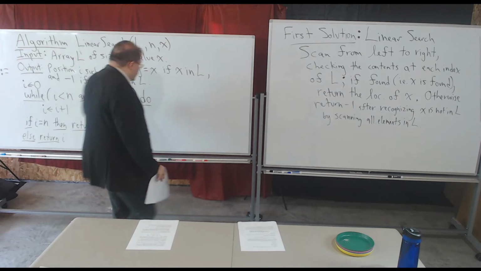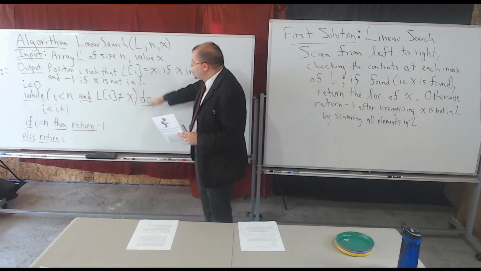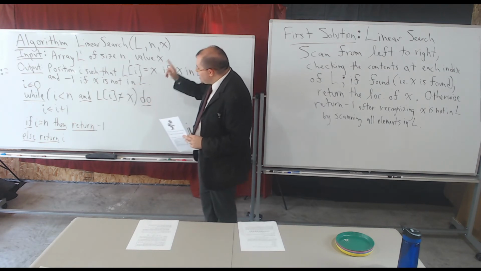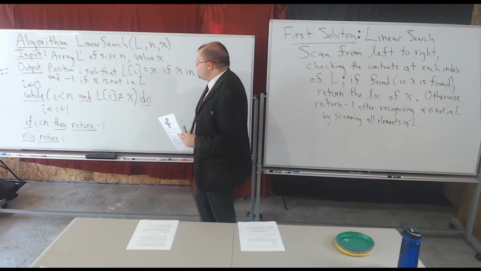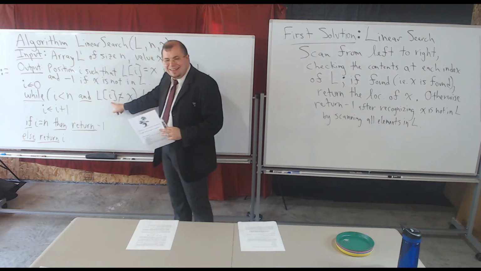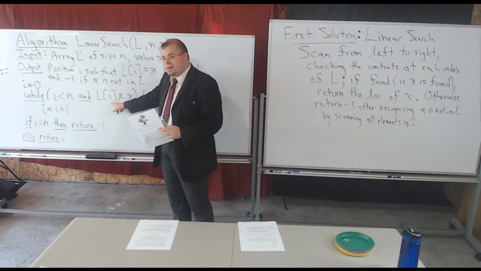The reason why this matters is that when I go through this loop every single time, I keep incrementing until I is in fact equal to n, and that condition gets violated, right? But if I were checking both these conditions, L sub n doesn't exist. Remember, the array can be indexed from 0, 1, 2, 3, all the way up to n minus 1.